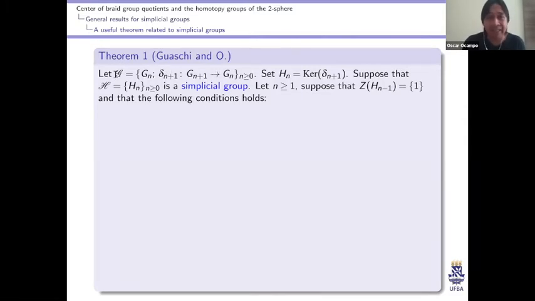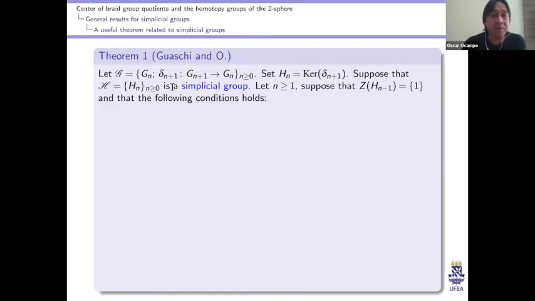I repeat, G is not necessarily a simplicial group because I don't have the face maps and the degeneracy maps. But I will take H_n, the kernel of this homomorphism, and we call H calligraphic the total set of this H_n.